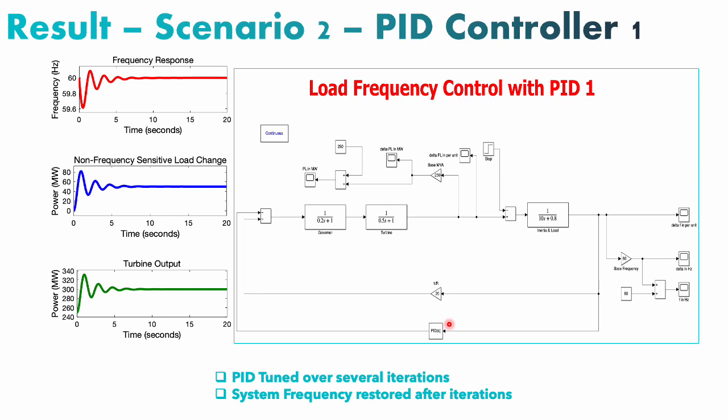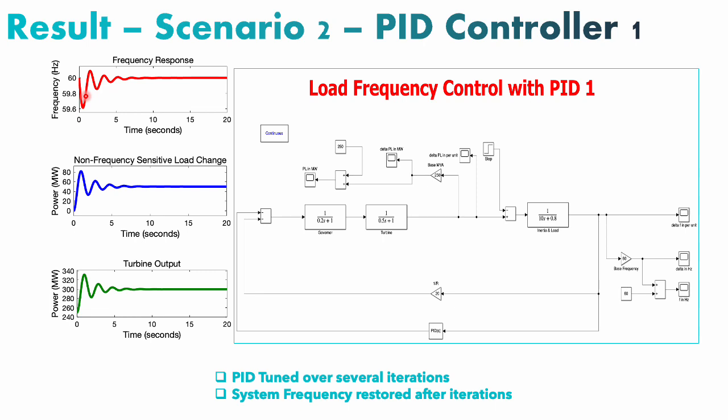So what I basically did was change the proportional, the integral, and the derivative components of the PID controller to ensure that we get an output response of 60 Hz after the fluctuation.